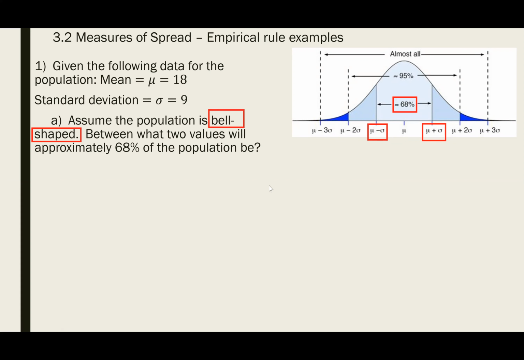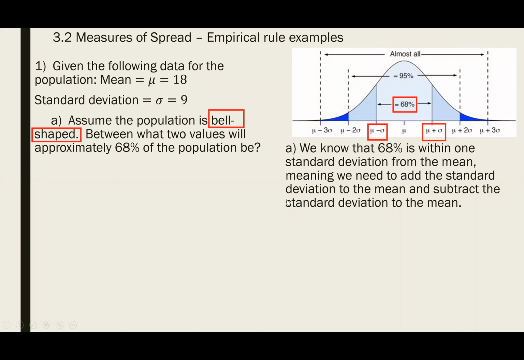So the idea of this empirical rule is, if we have the mean and if we have the standard deviation, we know that within one standard deviation, meaning you take one step. When you take one step, the actual unit that you need to add is 9.